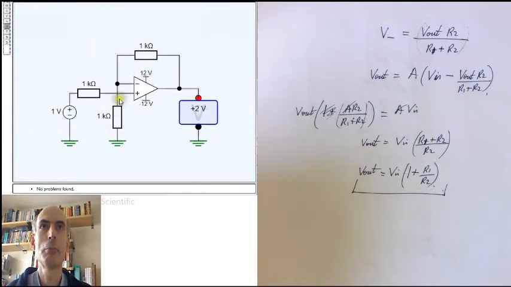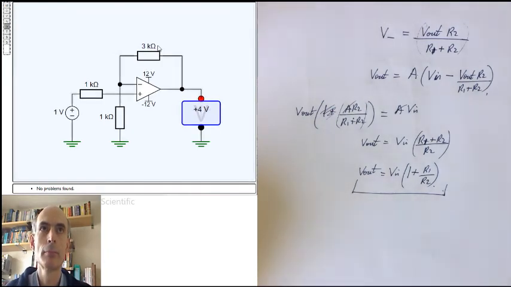Here is a non-inverting amplifier, and it has a gain, as you see, of 2. If I was to take this resistor up to a 3K, I would get a non-inverting amplifier with a gain of 4. And it would output 4 volts. If I took this up to 9K, I would get a gain of 10. Because 9 divided by 1 plus 1 is 10.